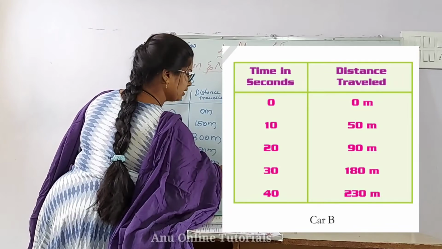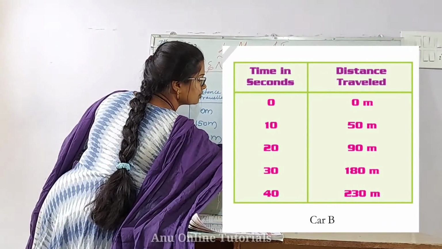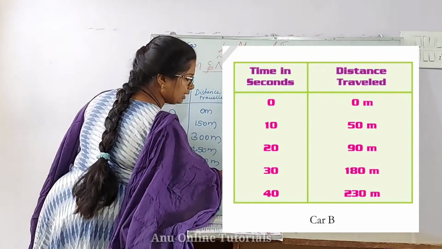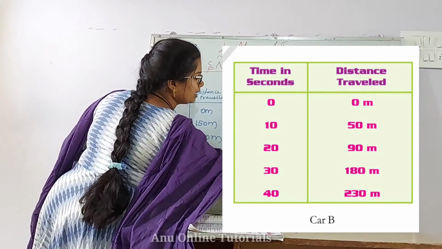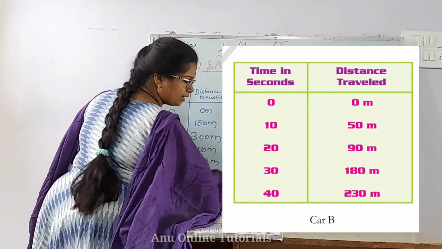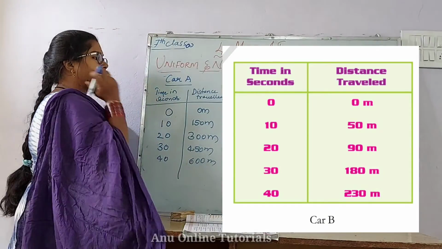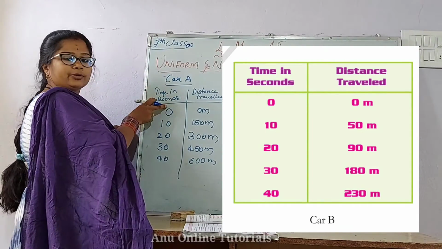In 20, 90 meters. In 30, 180 meters. In 40, 230 meters. This is the traveling of car A and car B with respect to time.